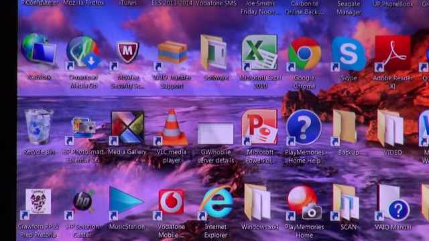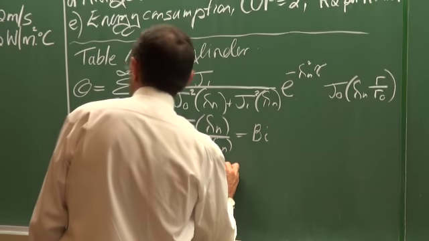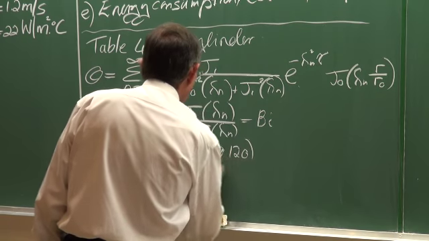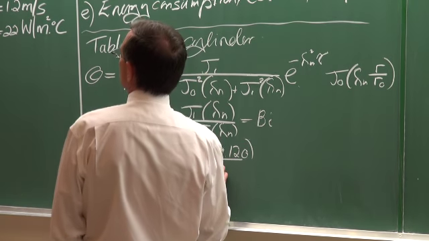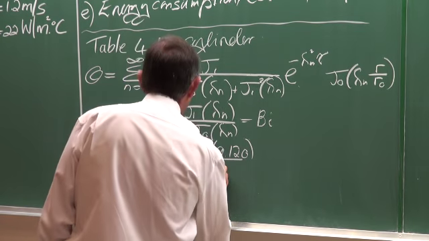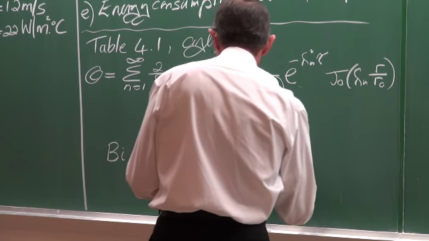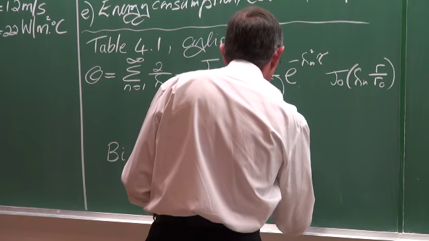So that is where it comes from. The heat transfer coefficient is equal to 22, the diameter is 0.120, divided by the thermal conductivity, which is equal to 0.47. And the result is a Biot number of 5.62.